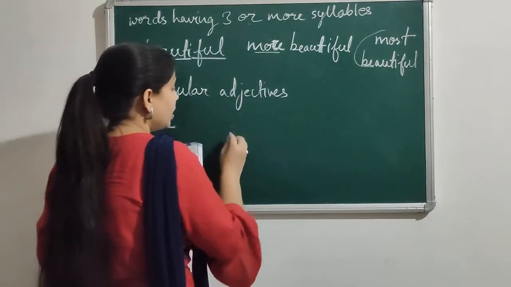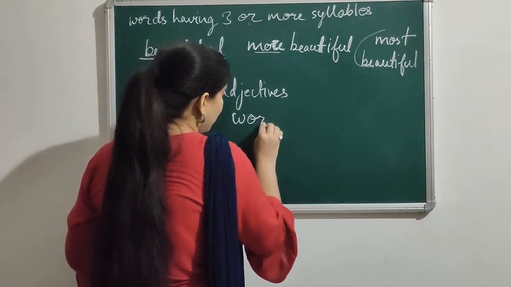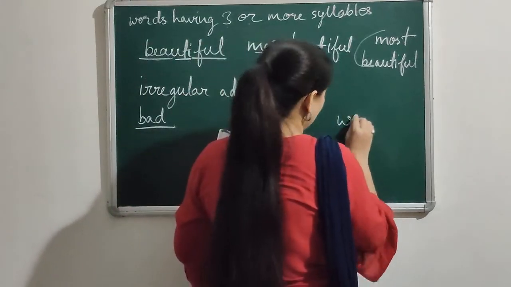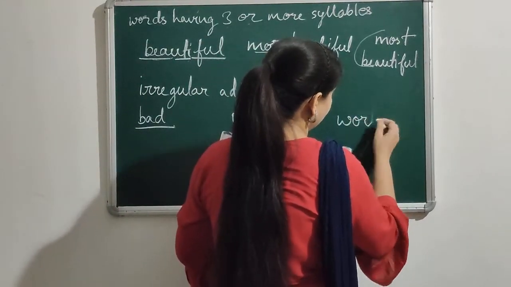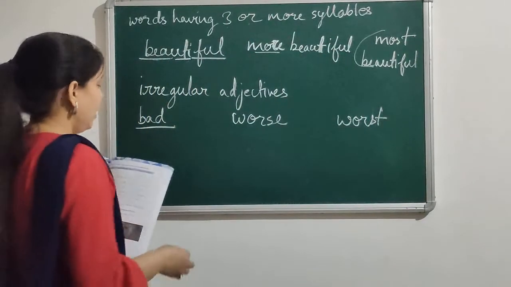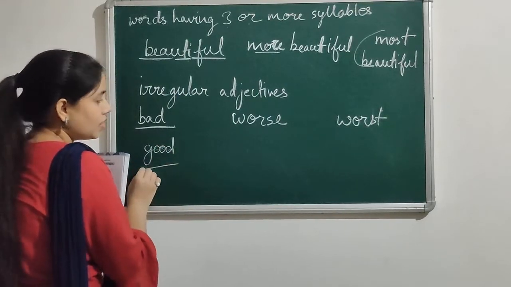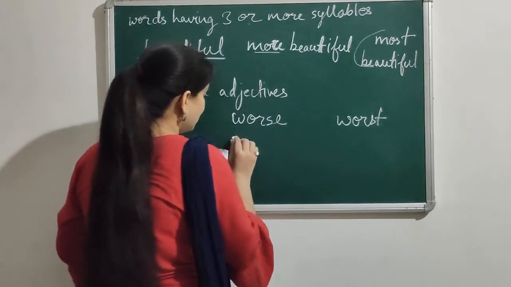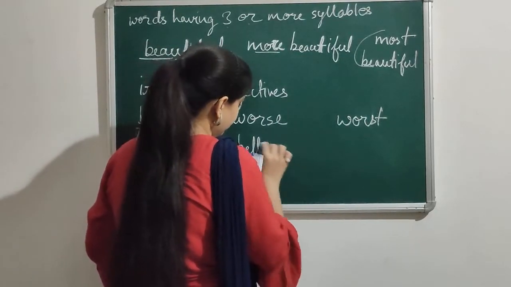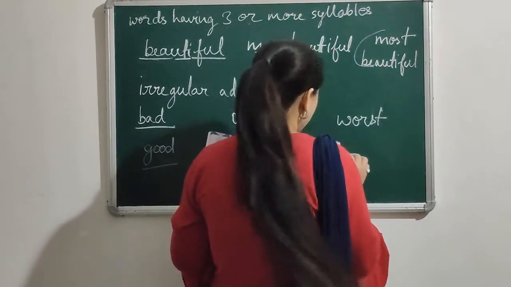But when we form the comparative degree of it, this word will become worse, and the superlative degree will be worst. Another word is good. Good is the positive degree, the comparative degree of good is better, and the superlative degree of good is best.